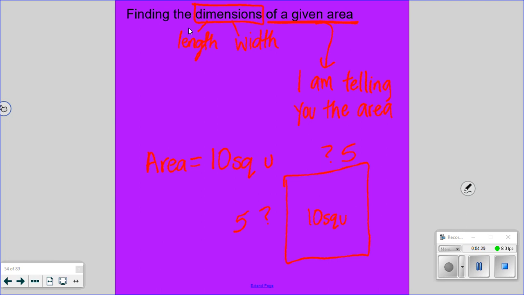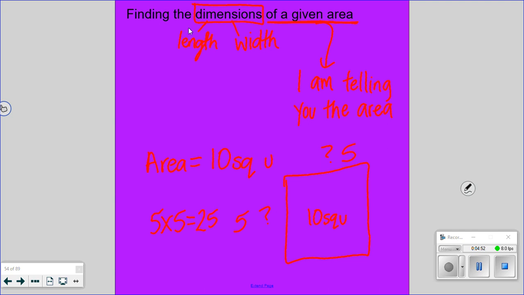What equation is that going to be? 5 times 5. What is that worth? Callie, what's that worth? 25.